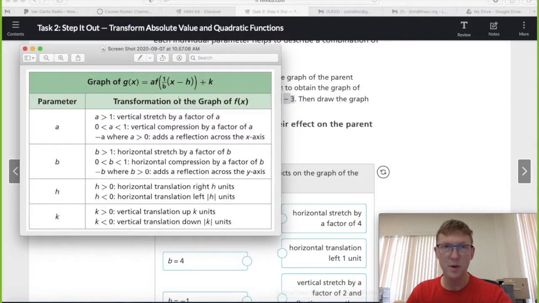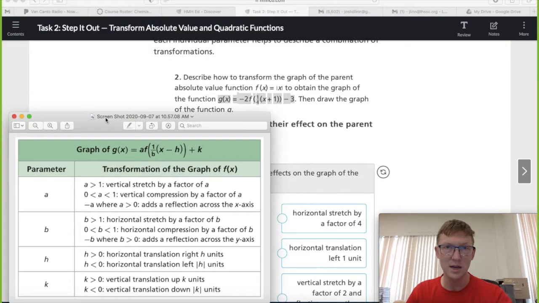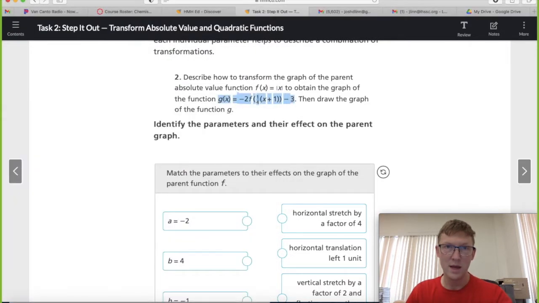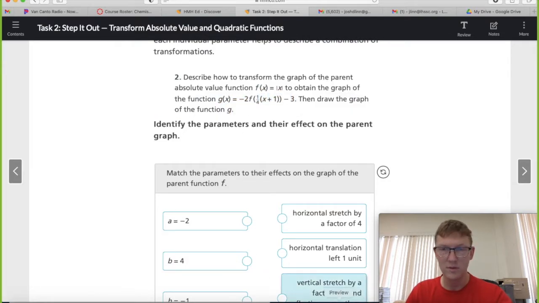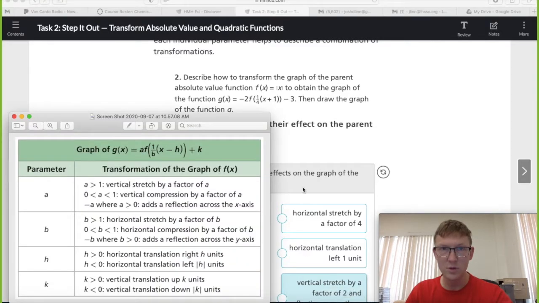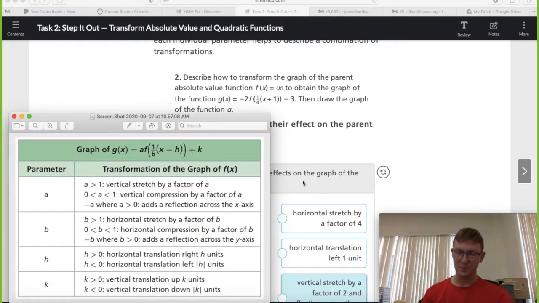So we're going to pull up our handy dandy little cheat sheet here. And we'll just go, okay, fine. Can I highlight? Nope, of course not. It's like too easy. So we're just going to go left to right again. And we'll label each chunk of this as we get it.